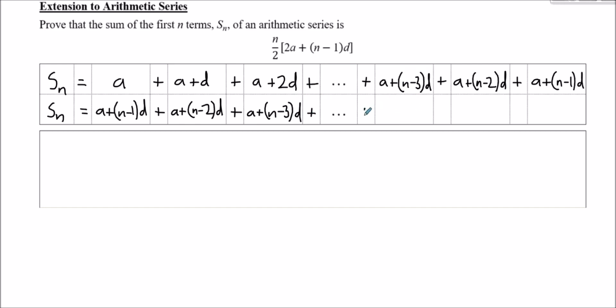And finally here, I have A plus 2D, A plus 1D, and finally, the first and smallest term would be A.